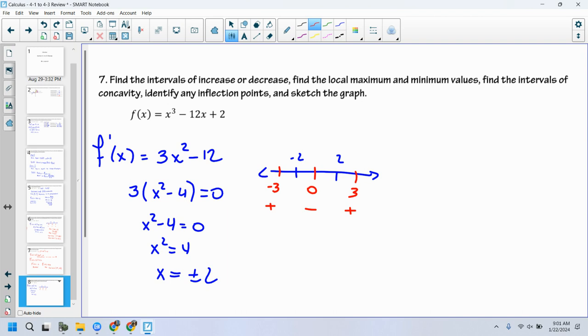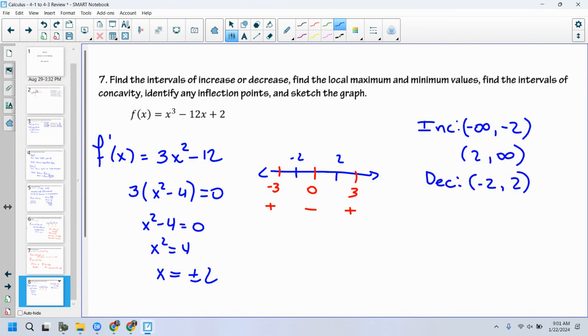Okay, so now I can start compiling my answers. This is increasing on the interval negative infinity until negative 2, and also from 2 to infinity. It's decreasing from negative 2 to positive 2. I have my maximums and minimums now, right? There is a local maximum.